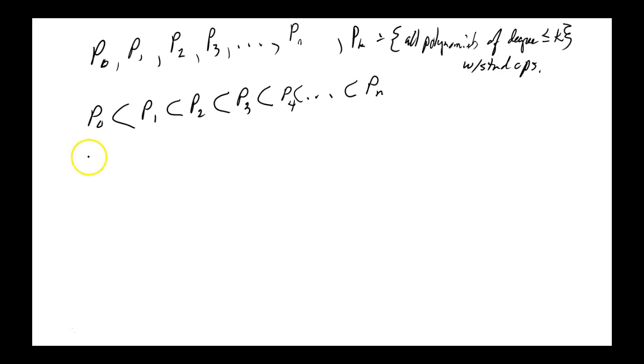One way of saying that, if they use J and K: if J is less than or equal to K, then P sub J is a subset of P sub K. Only they're saying subspaces.